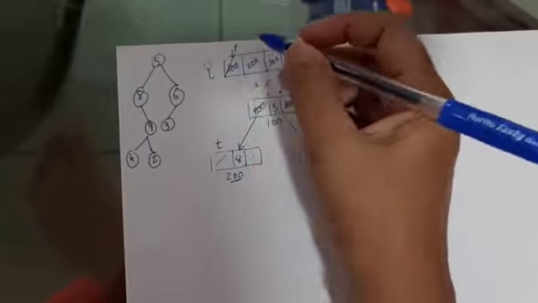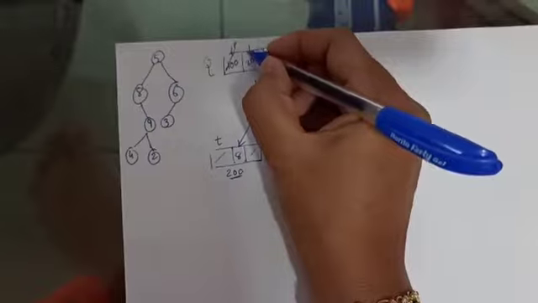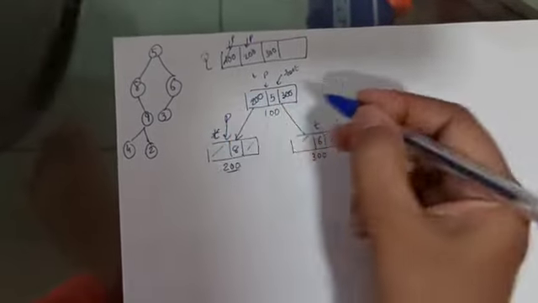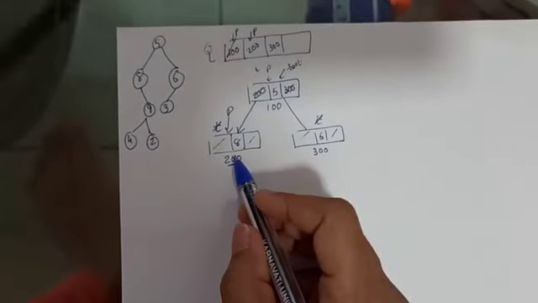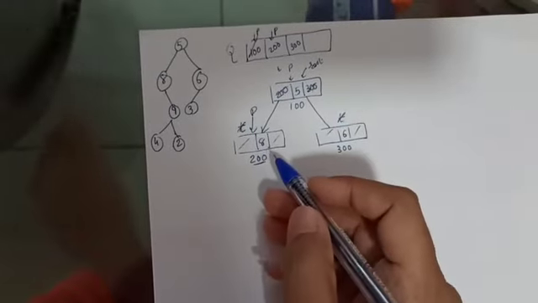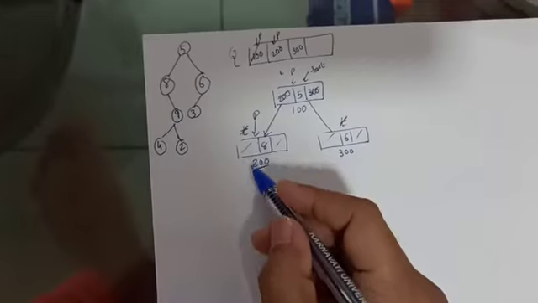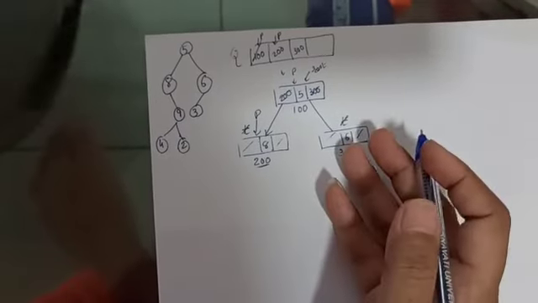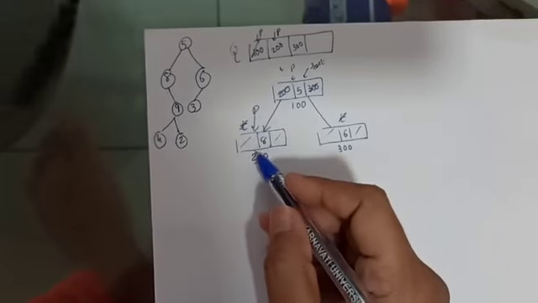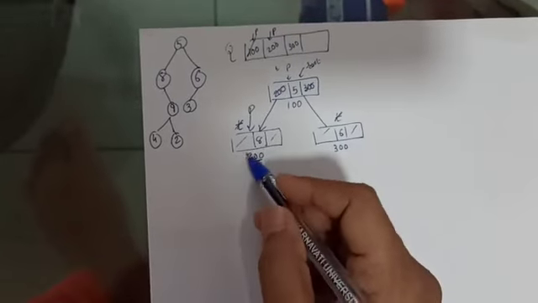Now we dequeue a node from the queue data structure. So now p is pointing to this node 200, and we will process this node. We can ask for some value from the user. If the user enters -1, that means the node does not have a left child or right child. We ask first about the left child, but just assume the user entered -1, that means this node does not have a left child.